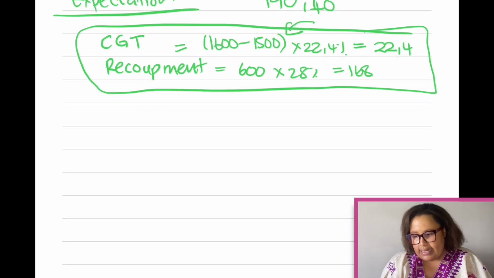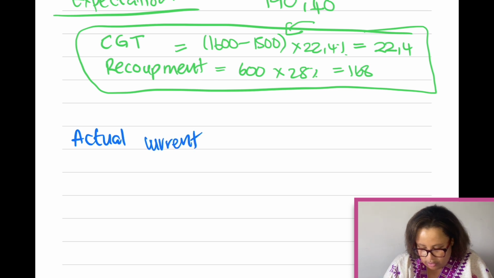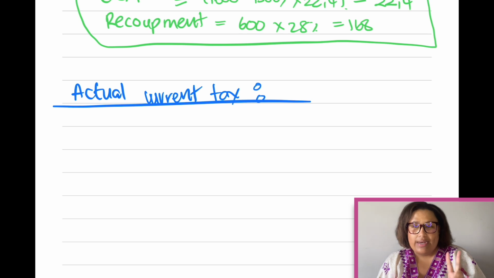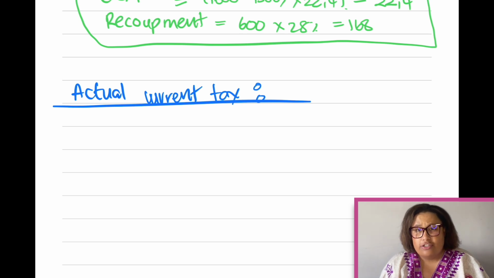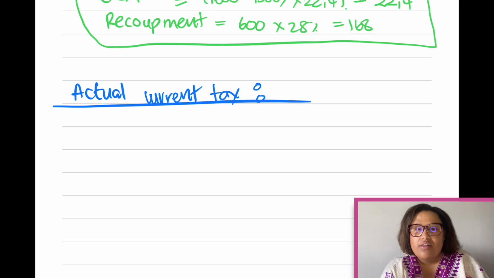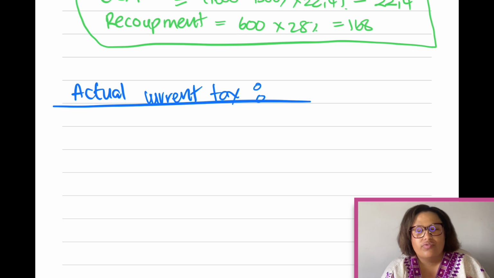So let's think about what the actual current tax is. What is my actual current tax? Now, the first thing I know is that when I sell my asset, there is going to be a CGT component because we've sold the asset for an amount that's greater than the original cost. So the portion above the original cost is what is going to attract capital gains tax.